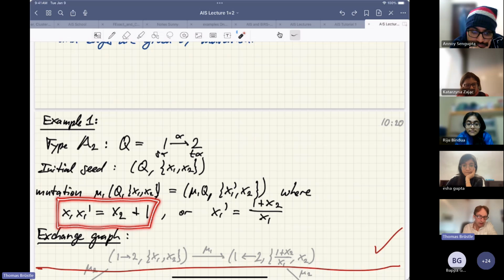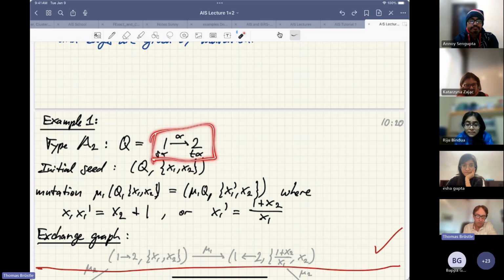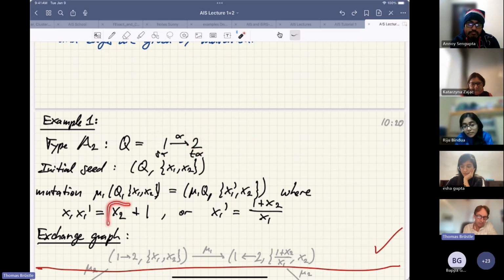an equation. x1 prime is, and now there is the sum of the products of arrows leaving 1 or ending in 1. There is exactly one arrow leaving 1, and the end of this arrow is the vertex 2. Therefore, we write the variable x2 here.